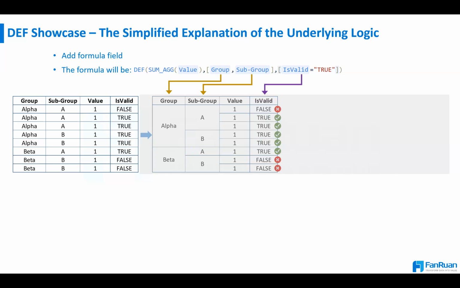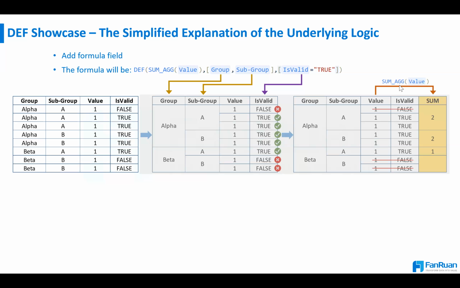For the first line, the is valid value is false, and it doesn't meet our requirement, which is that is valid must equal true. So we put a little red mark here to show that it doesn't meet our requirement for the summary. We go through all the calculation until the last line, and you can see the results.